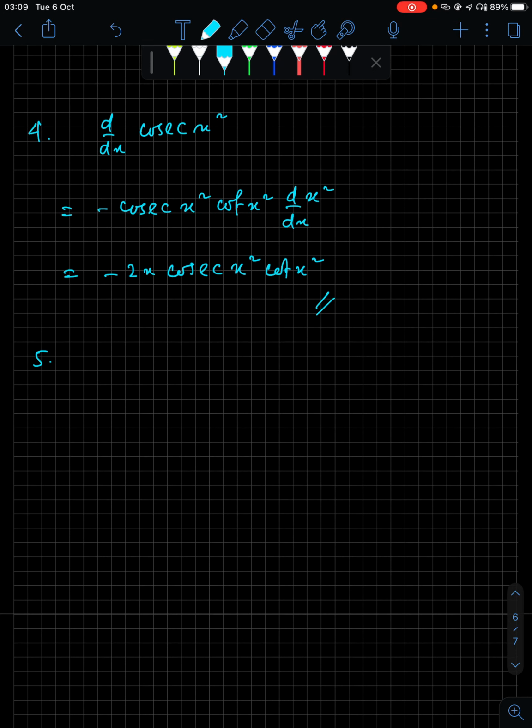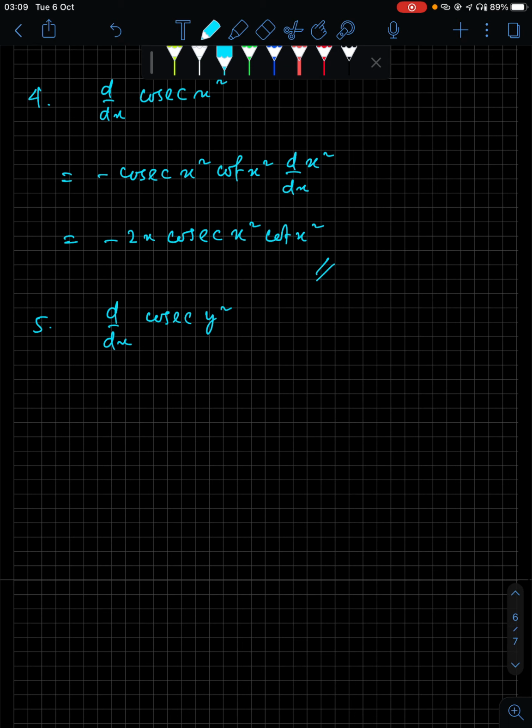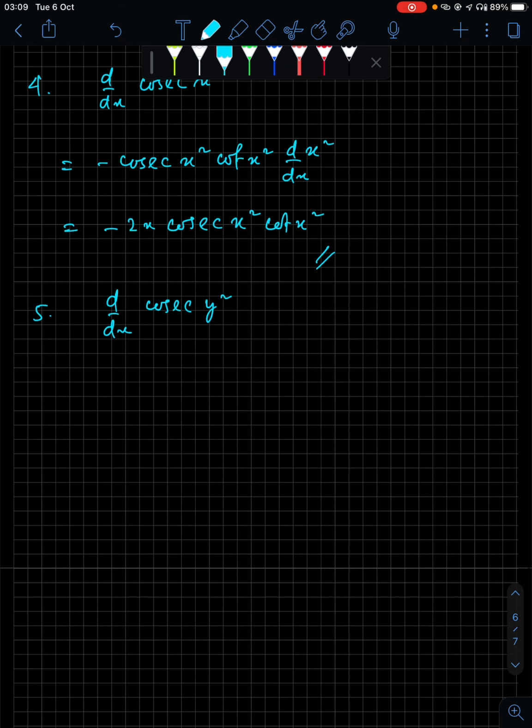Question number 5, d/dx of cosec y square. In the previous question we had cosec x square, and now we are replacing x square with y square. Now y square is u here.